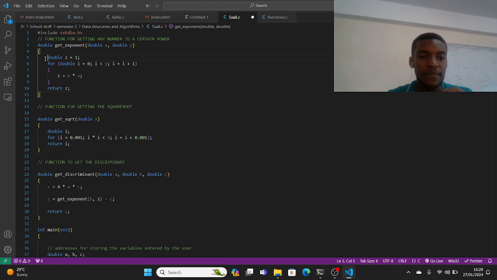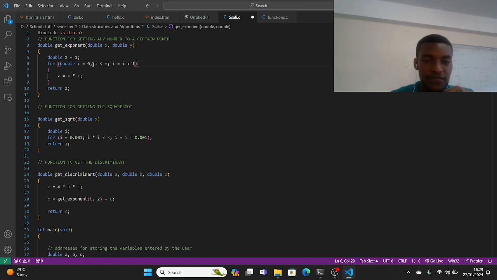So here, first of all, I had to define the function, the name, and the parameters it will take. That's x and y. From there, I had to initiate z1. After initiating z1, I used a for loop to get the value of x after it has been multiplied y times. I initiated my i as a counter to 0.